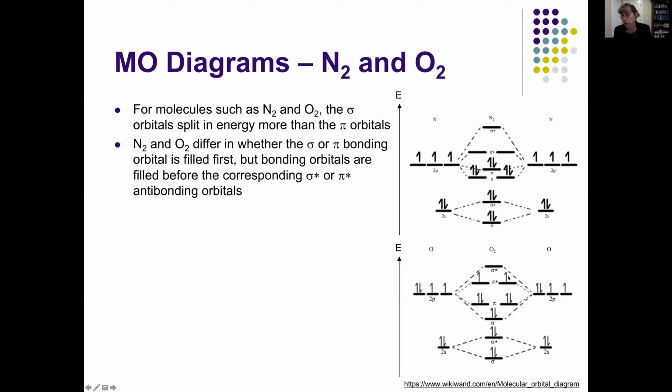Now we've got Hund's rule, which says when you've got 2 orbitals at the same energy, you put 1 in each one first before you pair them up. So with oxygen, it turns out you have 2 unpaired electrons. It's a triplet state. It also happens to be a magnetic molecule then. It would be attracted to a magnet if you poured liquid oxygen through a magnet. Yeah, so these orbitals then are used to form these molecular orbital diagrams.